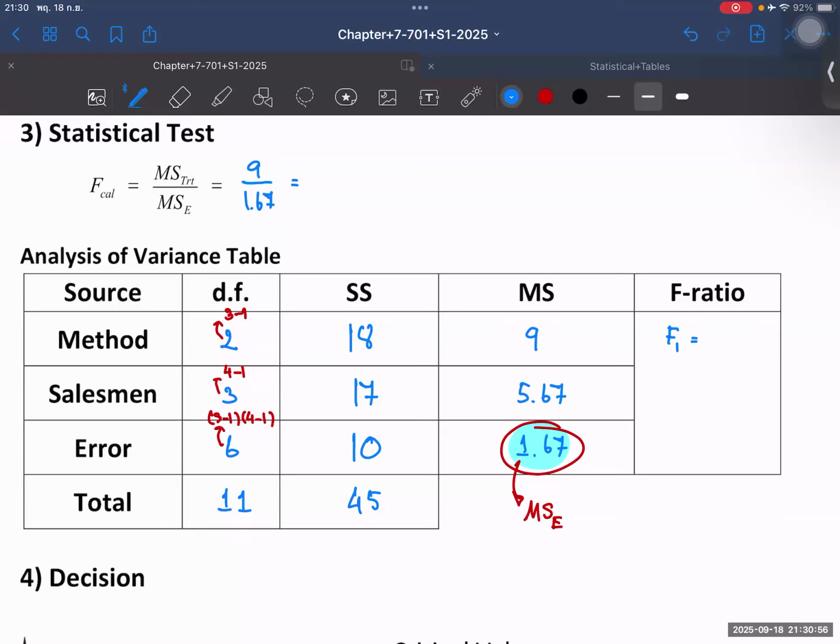It's 5.39. And F2 comes from 5.67 divided by 1.67, which is 3.40.